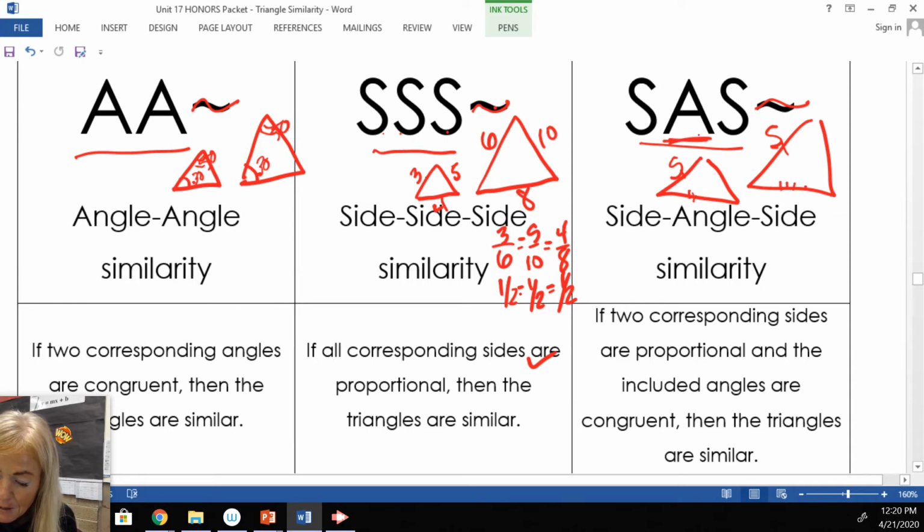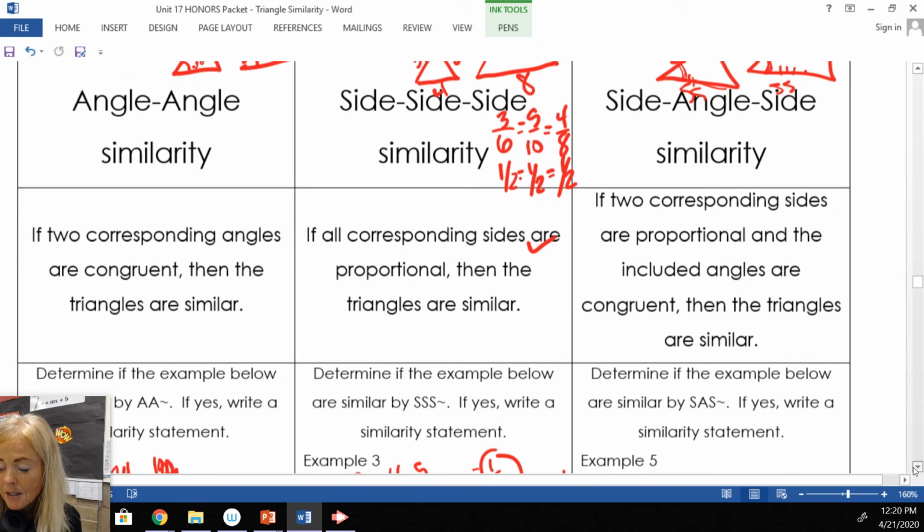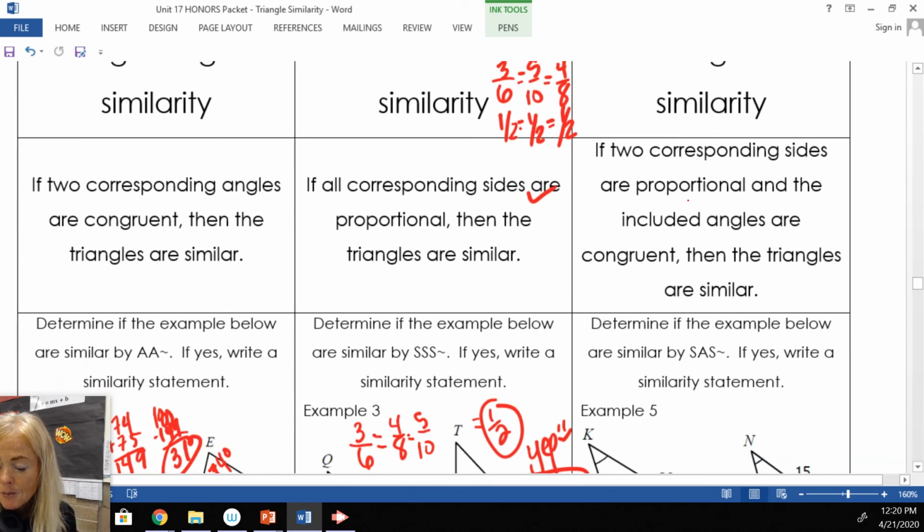So if they have the same ratio, and the angle between them is congruent, then the triangles are similar by side angle side similarity. It says if two corresponding sides are proportional and the included angles are congruent, then the triangles are similar.